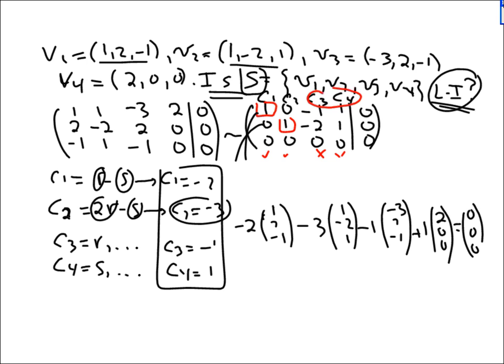Let's try it. Okay, negative 2 minus 3 more is negative 5. Plus 3 is negative 2. Plus 2 more is 0. Let's do the last entry. That's 2 minus 3 plus 1 plus 0. Well, 2 plus 1 is 3. Take away 3 is 0.